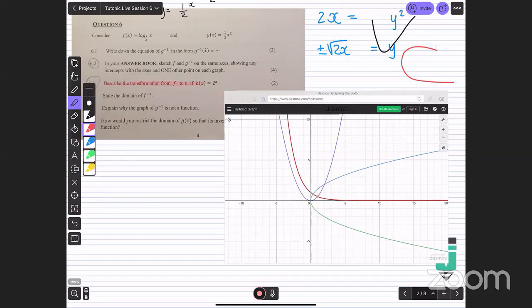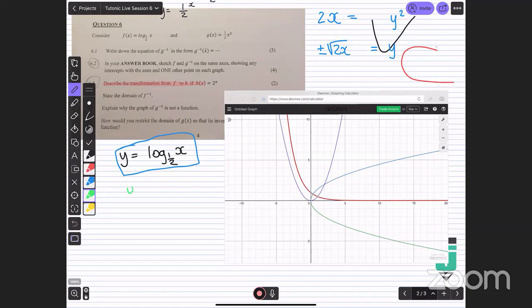So you look at the equation of f, and then the equation of the other graph, and see what's the difference. I think it was reflected about the line y is equal to x. So if you reflected this graph along y equals x, what does that give you? What's the graph that it gives you?